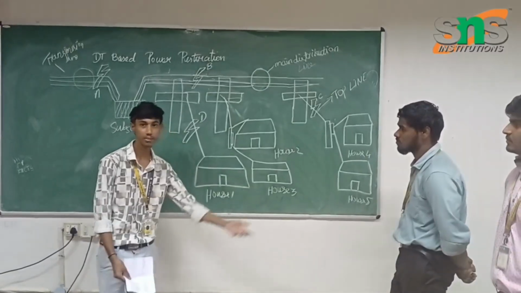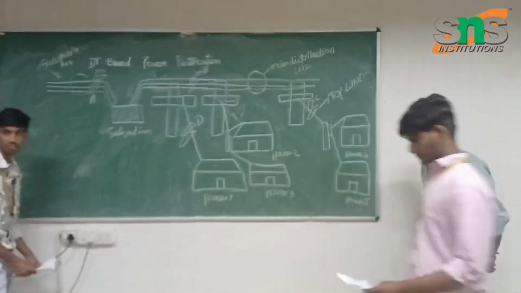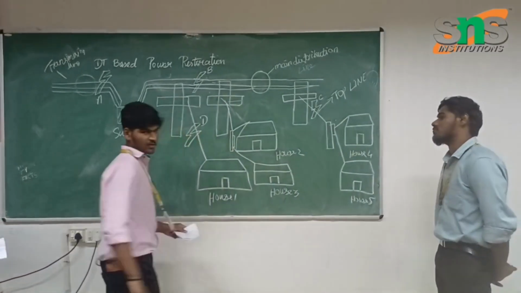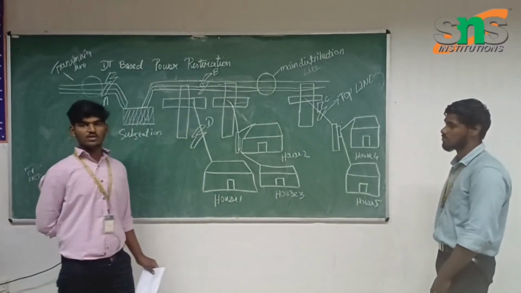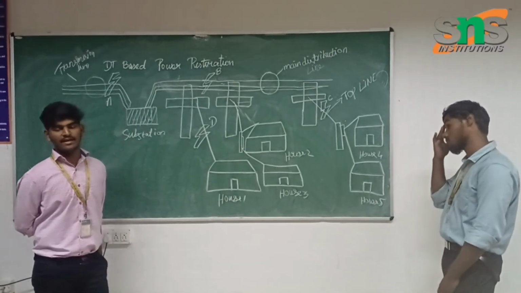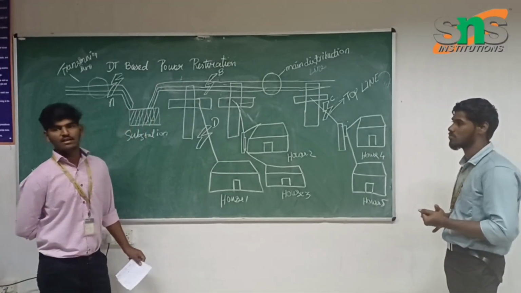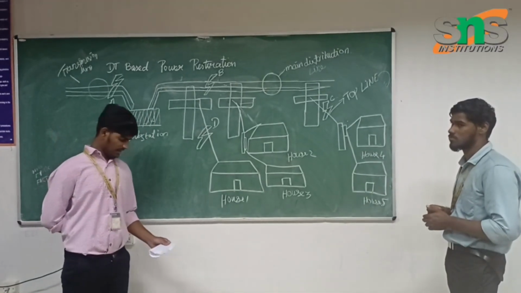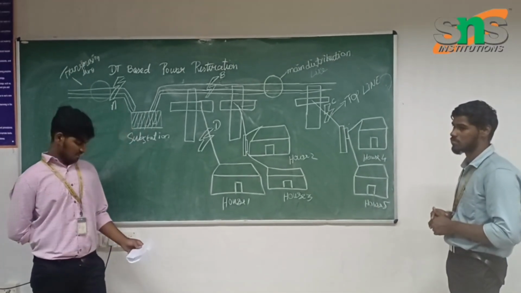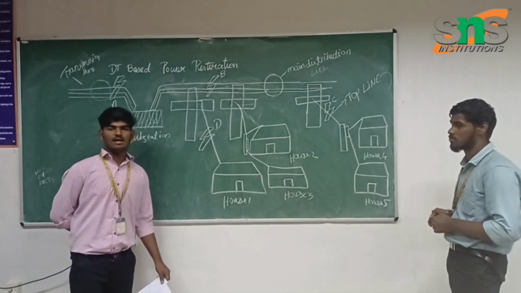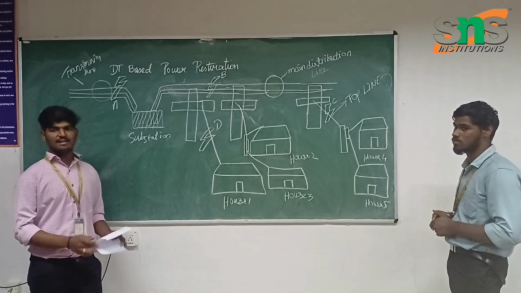Now my teammate Vetrivel will explain. Now I am explaining how to restore a high voltage transmission line. The transmission line is the backbone of the grid. The feeder lines carry power from the substation to a vast customer base.